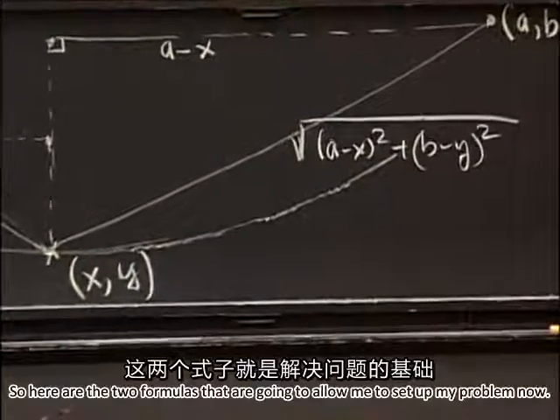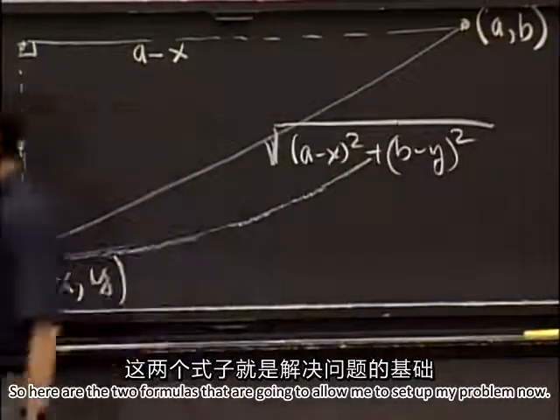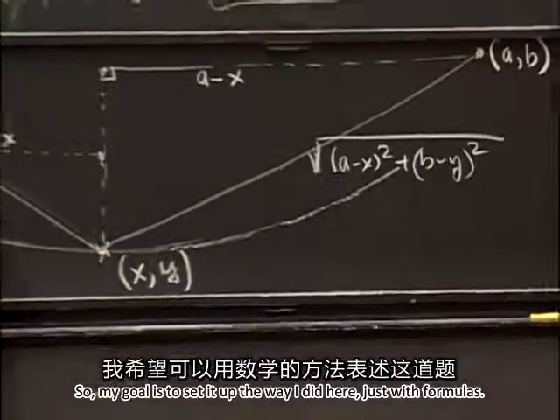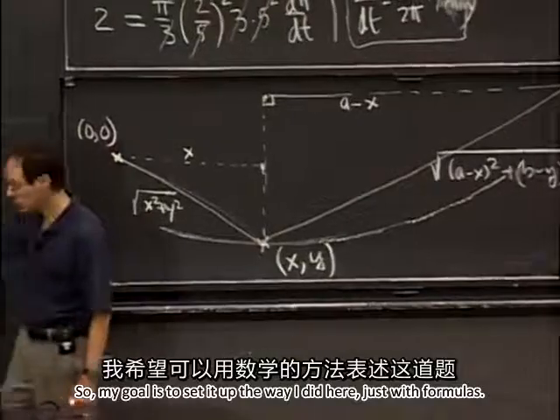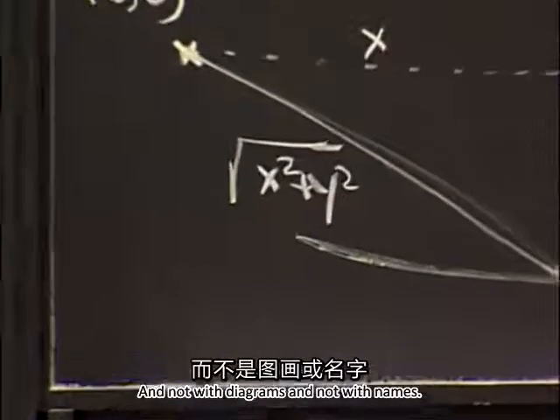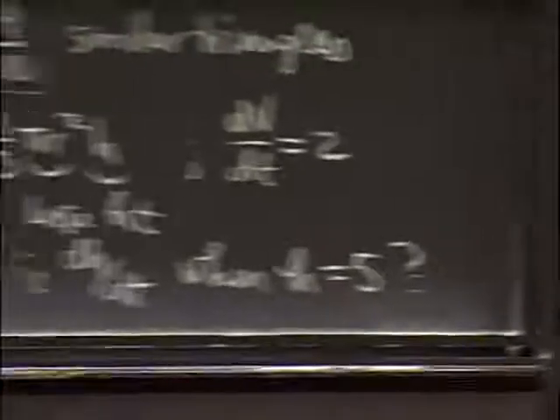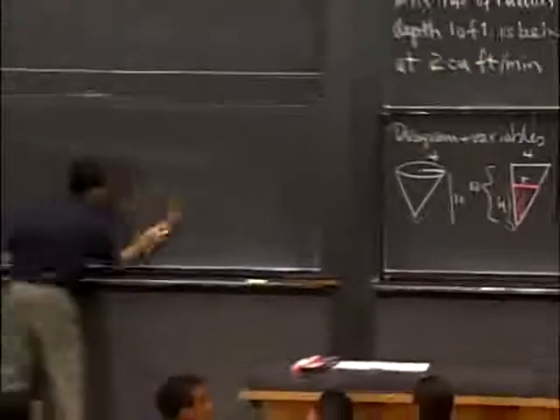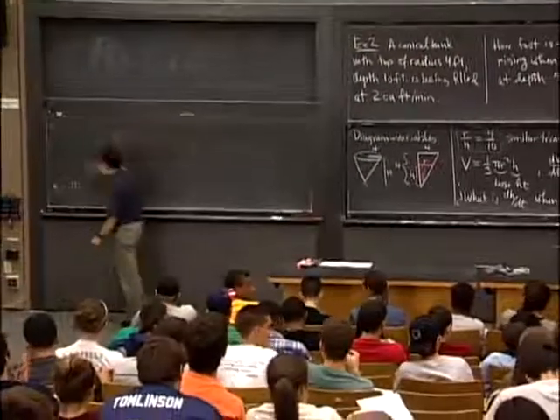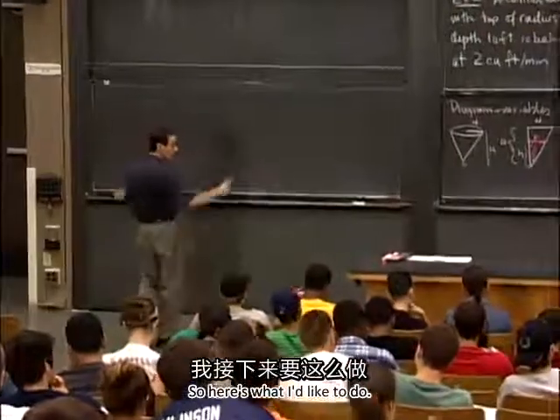All right, so here are the two formulas that are going to allow me to set up my problem now. So my goal is to set it up the way I did here, just with formulas, and not with diagrams and not with names. Okay, so here's what I'd like to do.